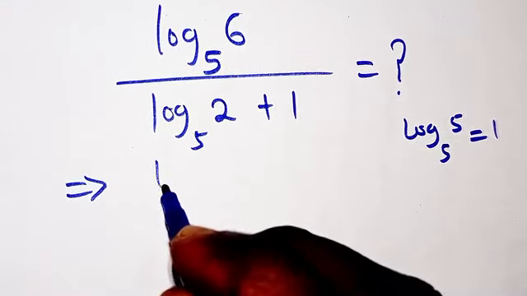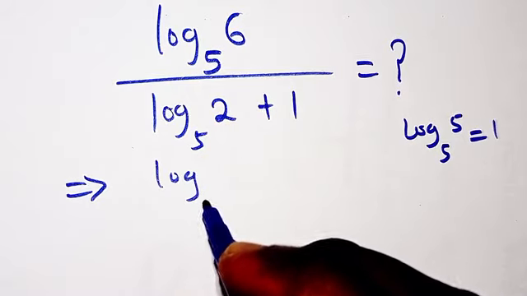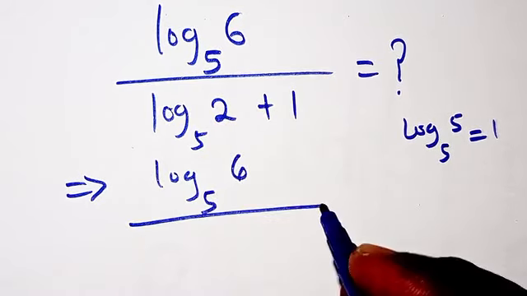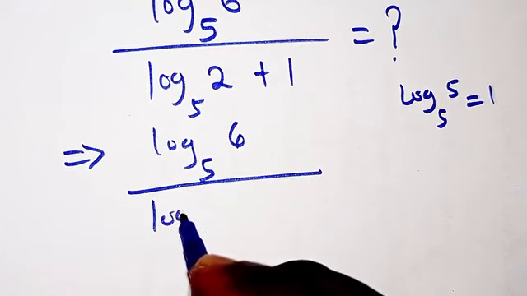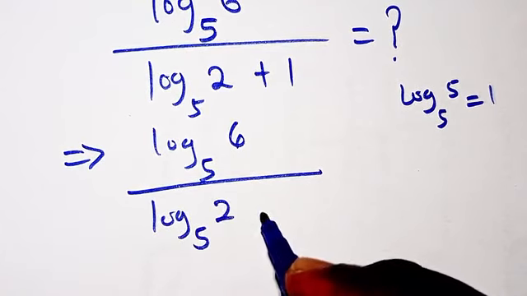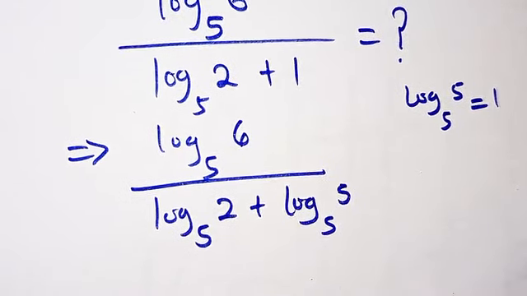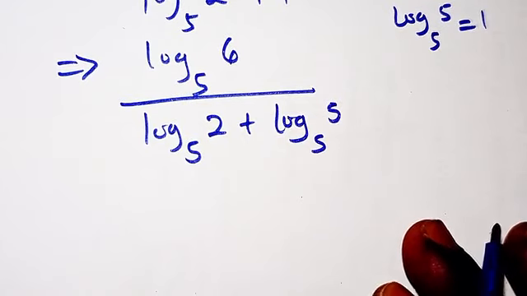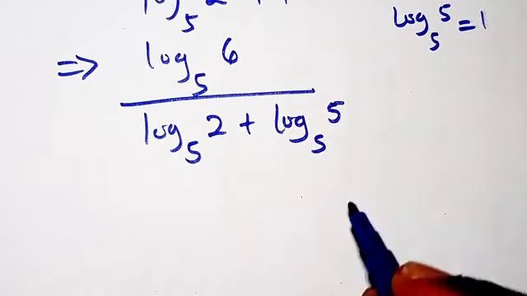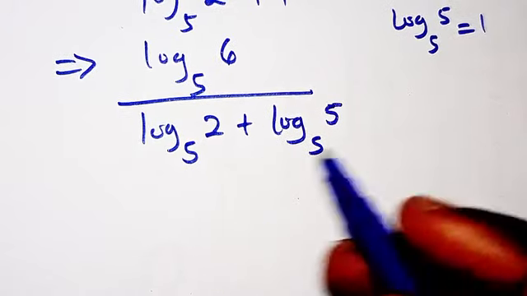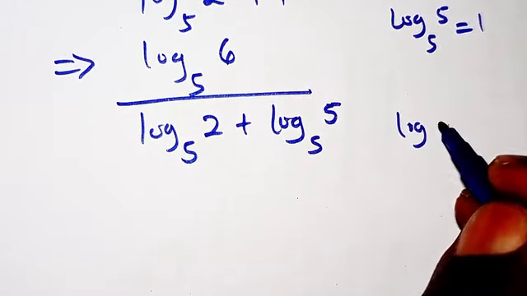So I'm going to have log base 5 of 6 all over log base 5 of 2 plus log base 5 of 5, right?